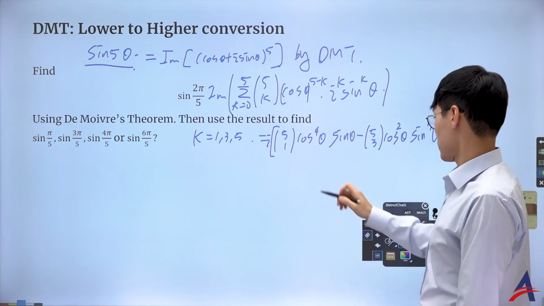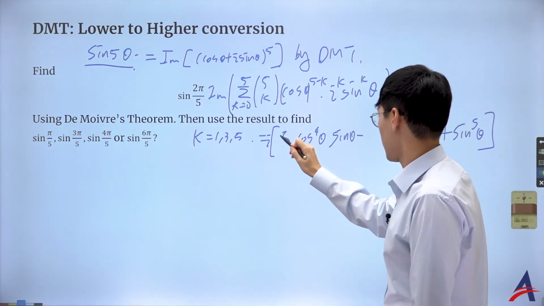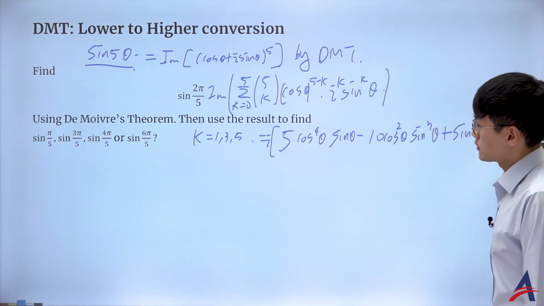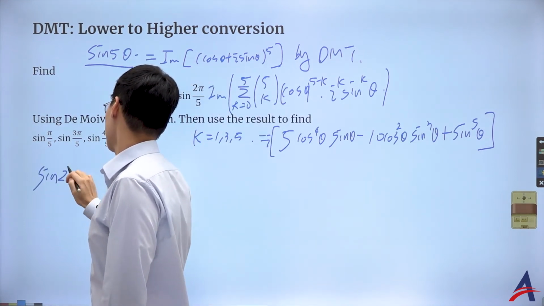Let's use the coefficients: 5 choose 1 is 5, 5 choose 3 is 10, so 5, 10. That's lovely.